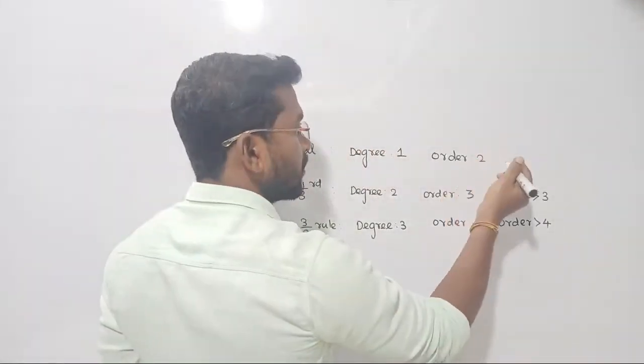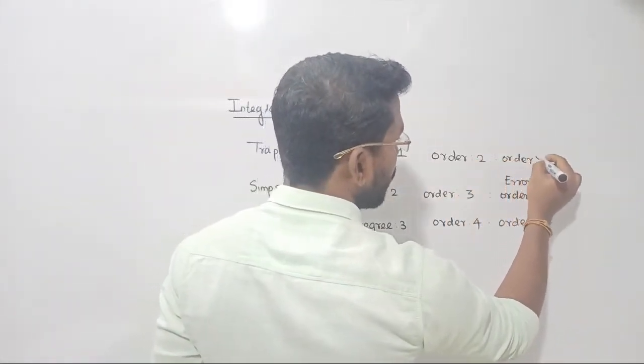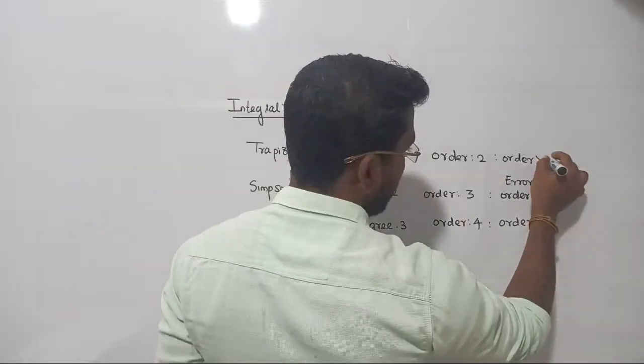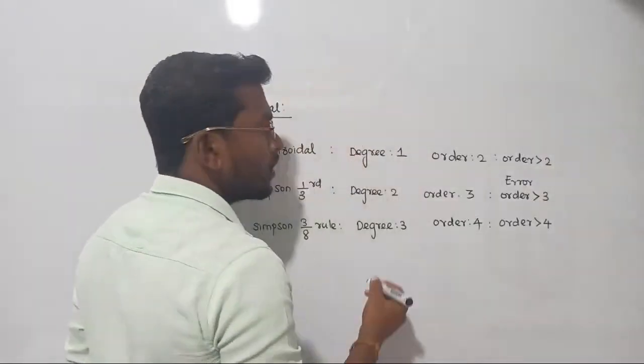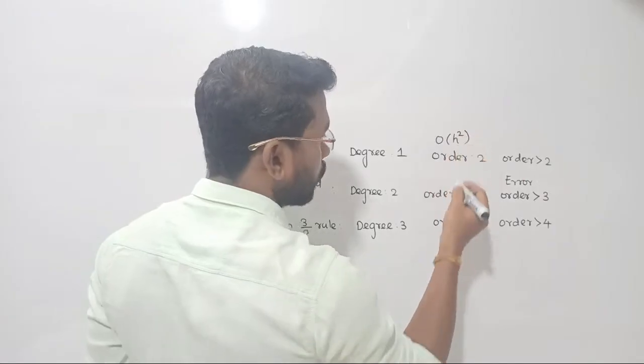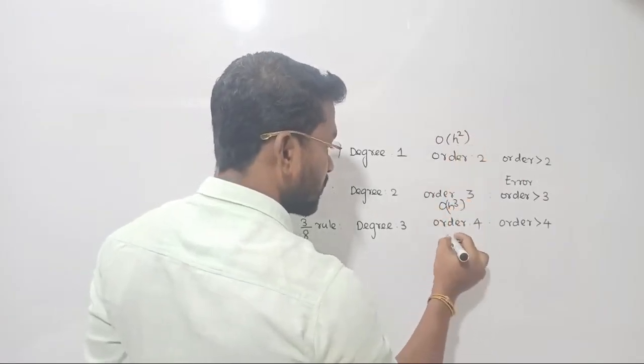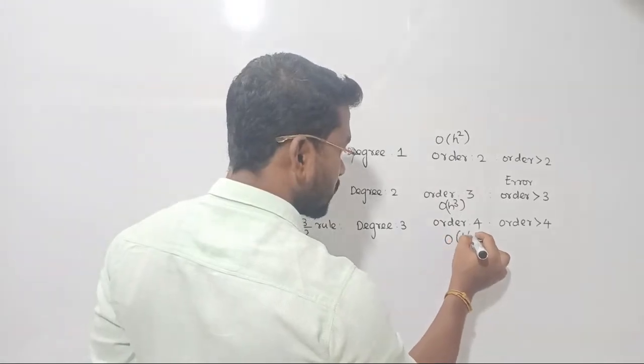Here also in the trapezoidal rule, if you go greater than 2, again you will face error, right? So it will be represented as order with step size up to 2, order with step size up to 3, and simply order with step size 4.